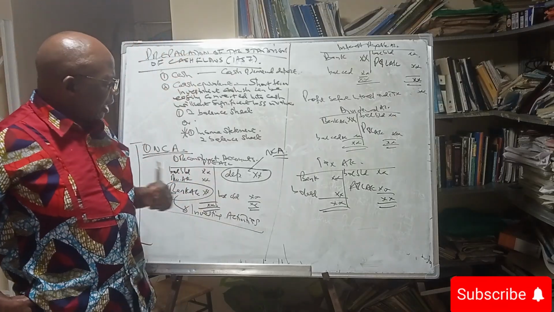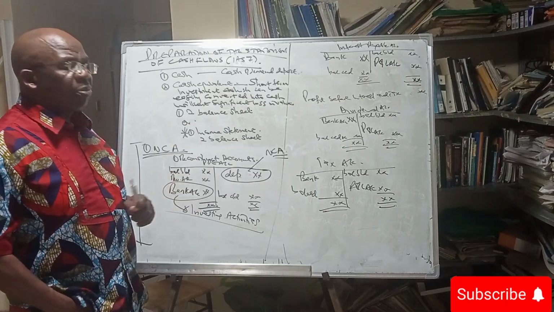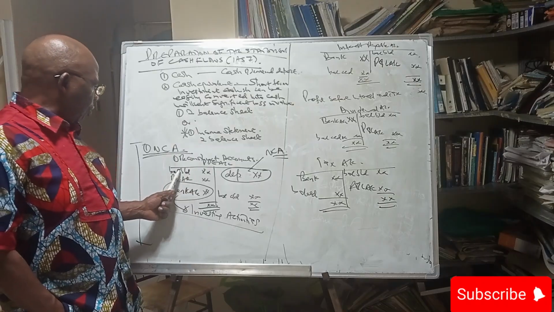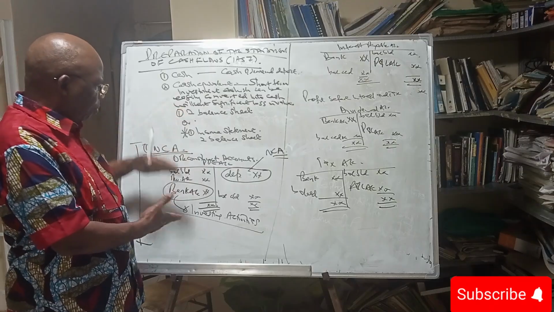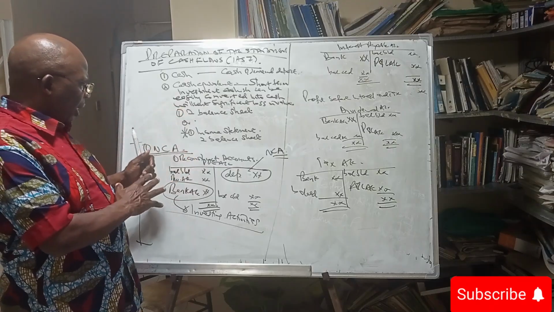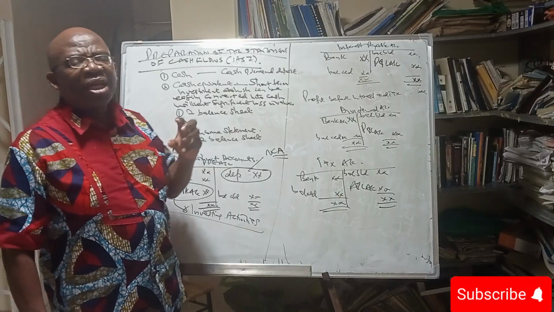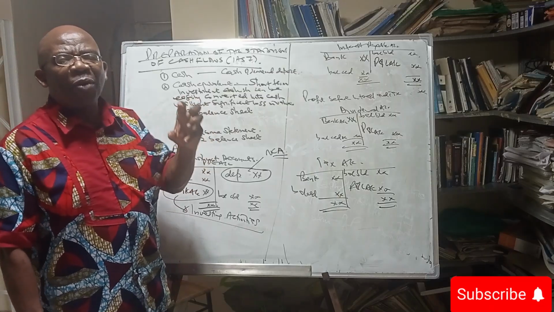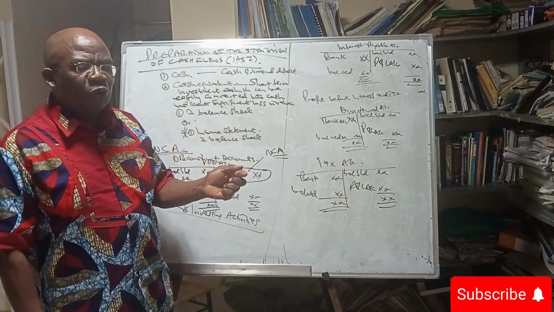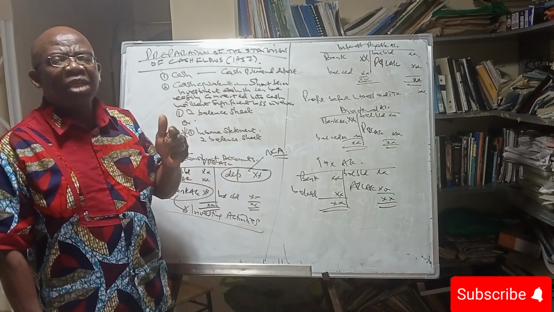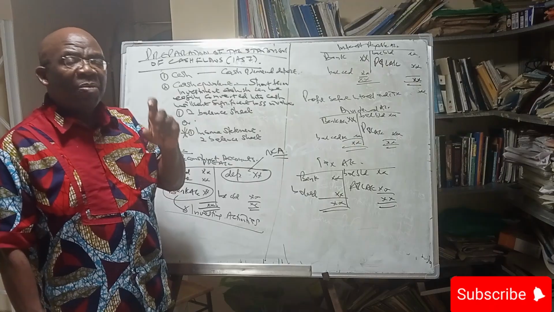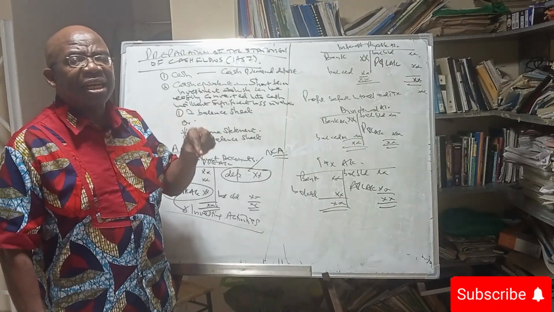Now, at times, it may not be this simple. You may have several items of PPE, land and building, plant and machinery, and one of them is described. The movements in it are well described. This is what was purchased, or this was the depreciation. Meaning, the missing item is clearly described there.